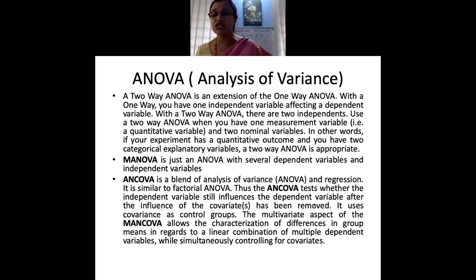When there are no standard deviations, that means when you have unstandardized beta values, you are going to use covariances. So if you have standardized beta, you use correlation. When you are using covariances to find out the variances of dependent and independent variables, ANCOVA is used.